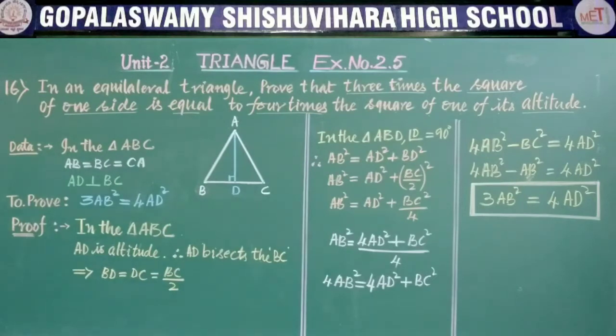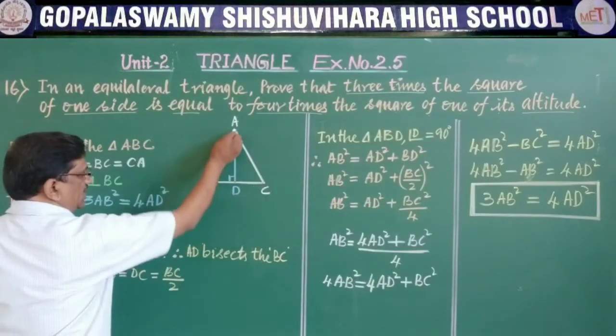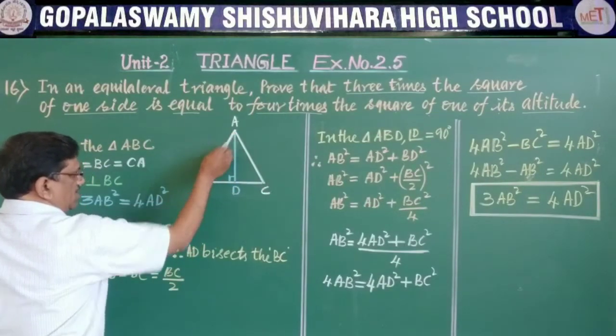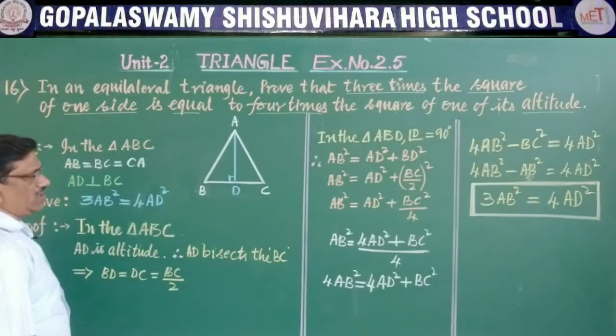So what do you mean by this, children? Here you see I have drawn an equilateral triangle ABC in which AB is equal to BC is equal to CA. All the 3 sides are of equal length.